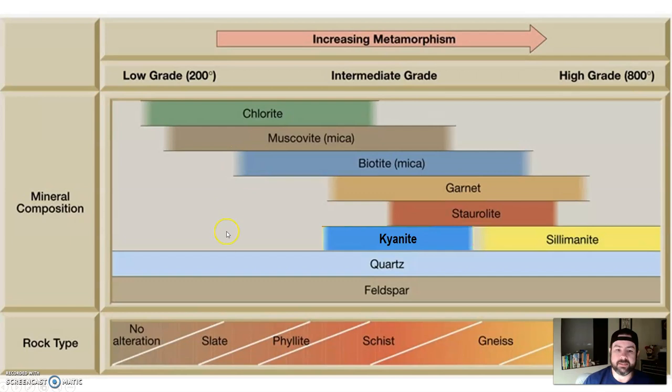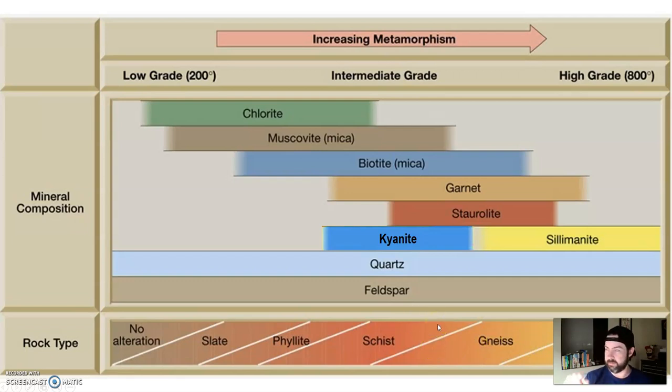So for instance, if we're looking at slate, might have some biotite and muscovite. Definitely not any garnet or staurolite or things of that nature. But if you do, for example, let's say staurolite, that usually exists only in schist or gneiss or something in that realm.